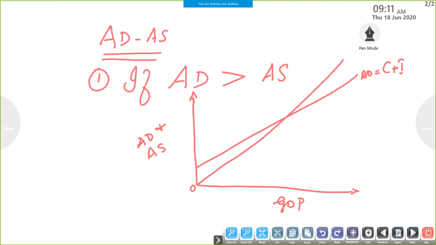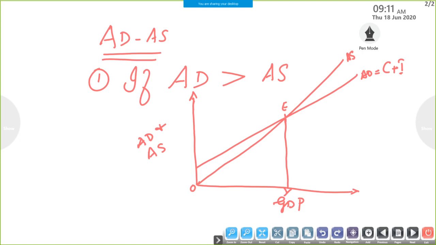It intersects AD at point E. This is the initial level. In order to explain the adjustment mechanism, we need this equilibrium level. So first you explain the equilibrium level of income, then we can deviate from there.